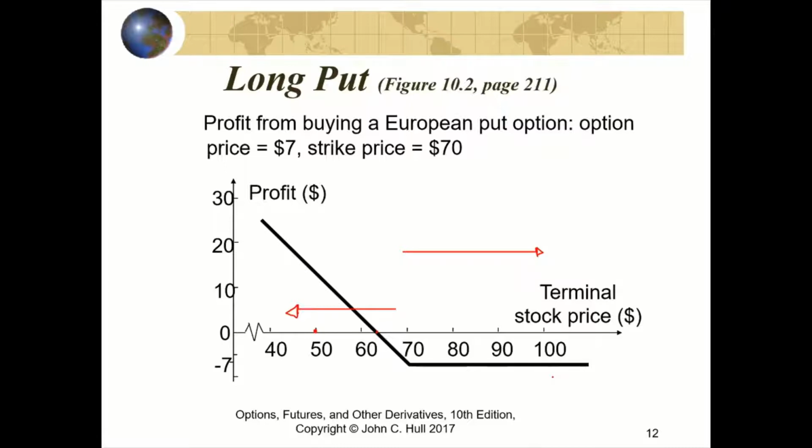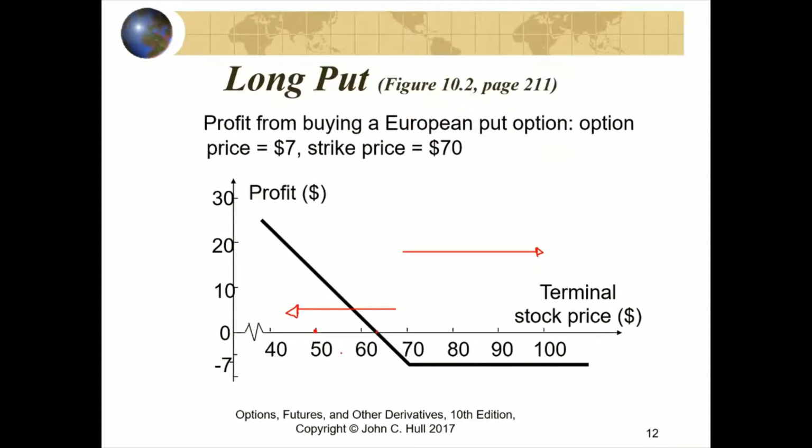What does this mean? It means that the maximum you will lose in a long put position is the premium that you paid. So it has a limited risk if the prices increase. If the prices decrease, what is the maximum profit that the investor can receive in a long put option?